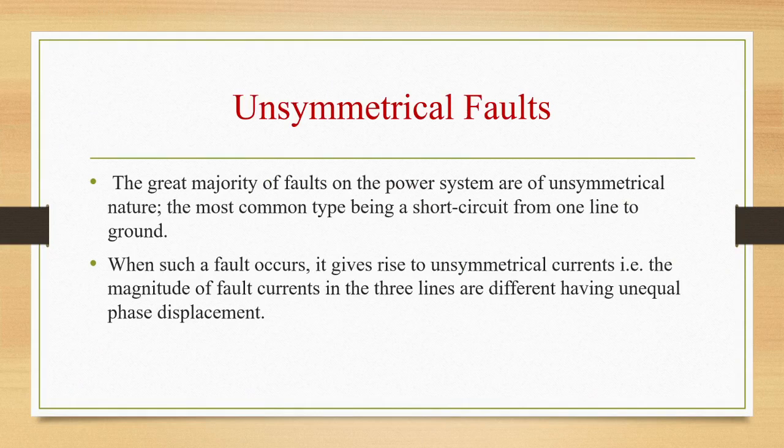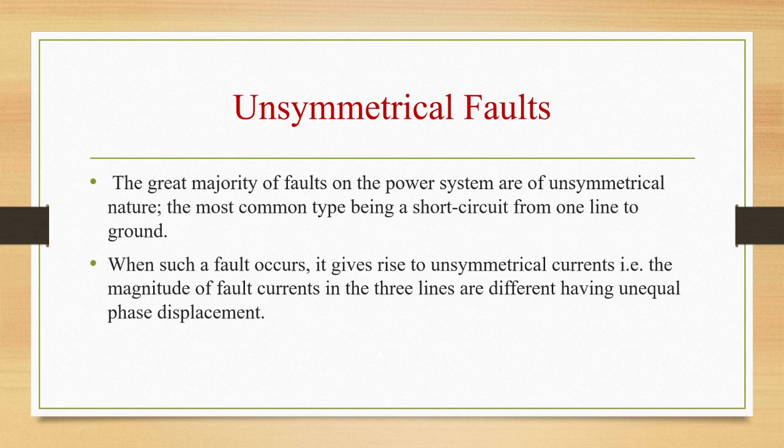In symmetrical faults, if we calculate one phase, it can be any R, Y, B phase, the other two phases can similarly be calculated. But in the case of unsymmetrical faults, because we have unbalanced load, it is quite difficult, and we have to go for the zero, negative and positive sequence components calculations.